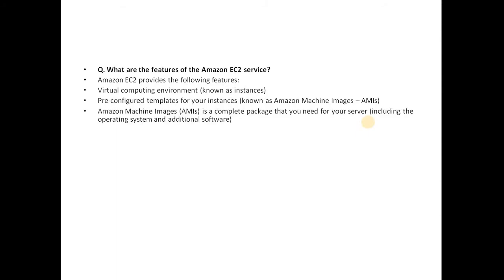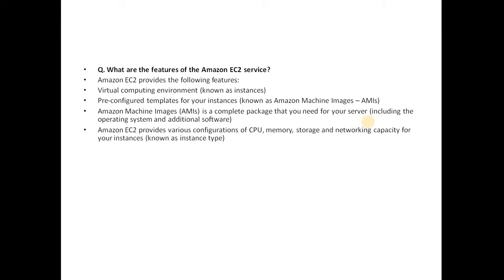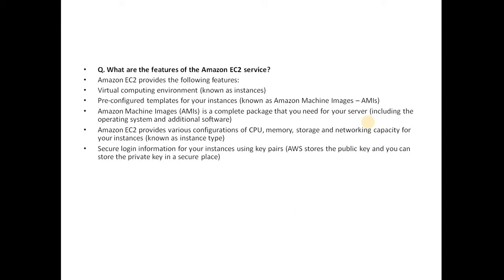An Amazon Machine Image is a complete package that you need for your server. Amazon EC2 provides various configurations of CPU, memory, storage and networking capacity for your instances, called instance types, and secure login information for your instances using key pairs.